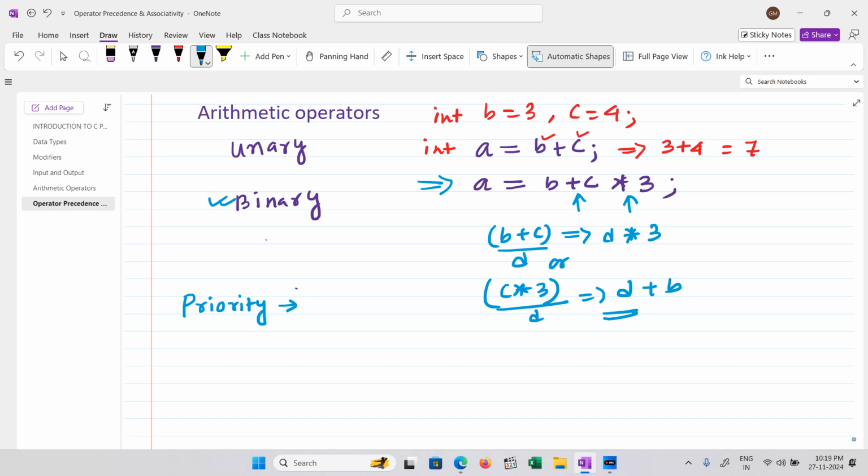So priority or precedence will help the compiler to take a decision about an operator, it can be unary and it can be binary. In this example, I have taken both of them as binary arithmetic operators. So to take a decision about a mathematical operator to be evaluated first.